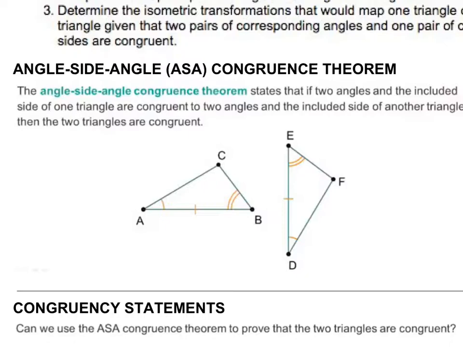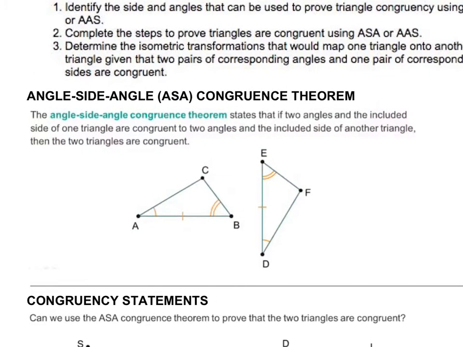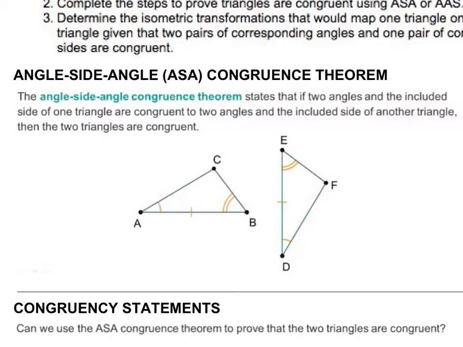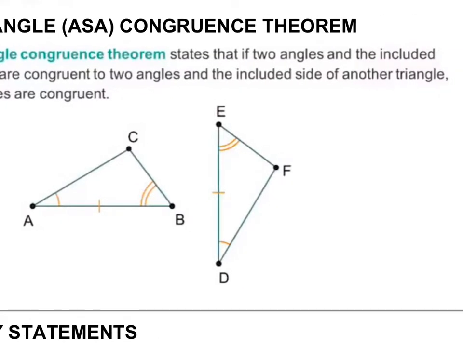And so what we have here, okay, we have these two triangles, and the theorem states that if two angles and the included side of one triangle are congruent to two angles and the included side of another triangle, then the two triangles are congruent. So what I want to do is talk about this real quick, and I want to come up with the statements that we have.